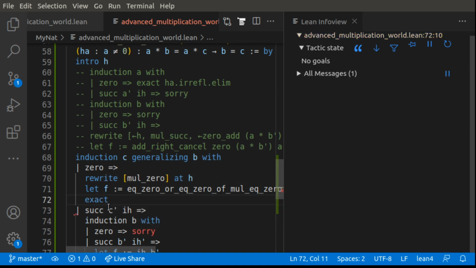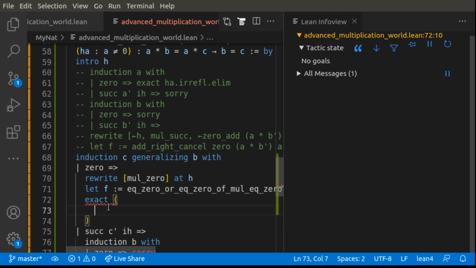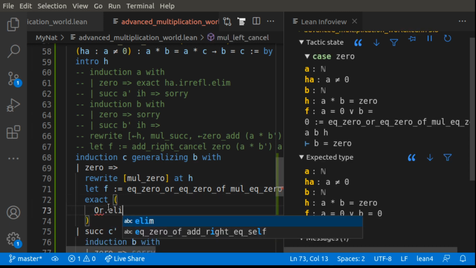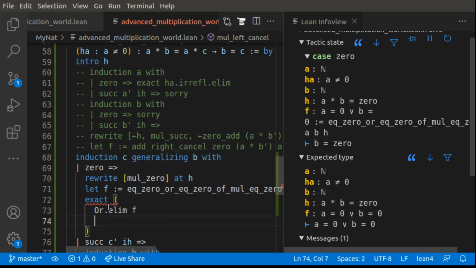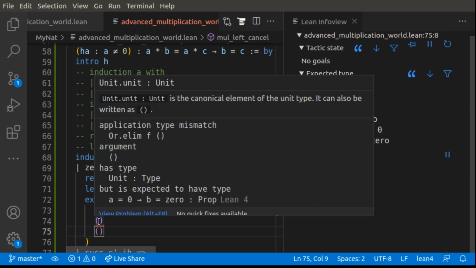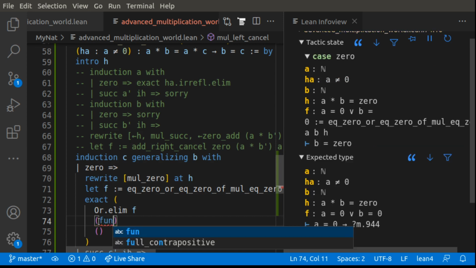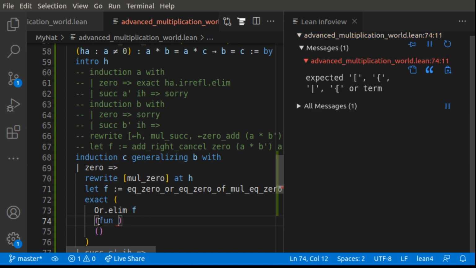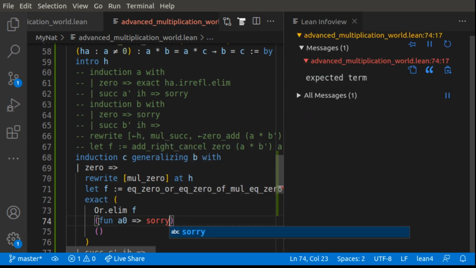Exact or dot elim f. Okay. Function a0 2. Sorry.